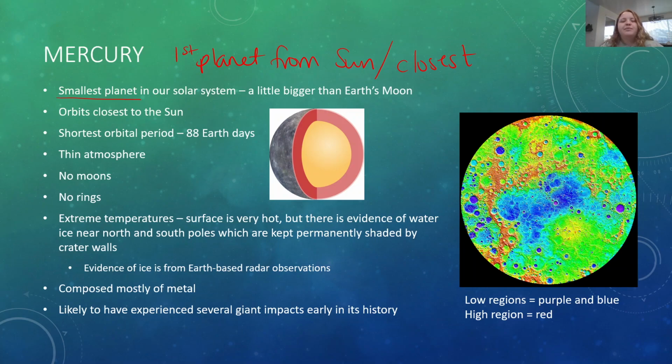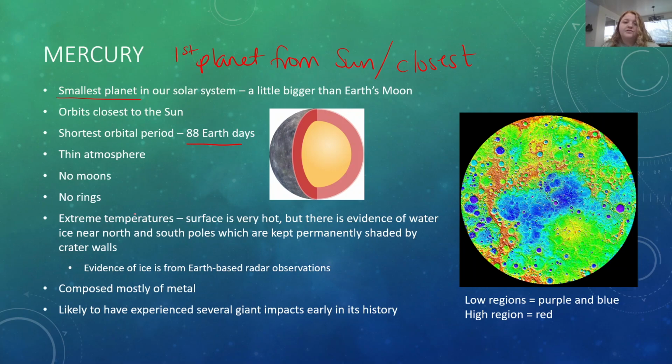It's just a little bigger than Earth's moon, so we compare the two a lot. It orbits closest to the sun, like I said. It has the shortest orbital period, and it's only 88 Earth days. So every, how many months would that be? Like 4-ish months? We'd go around once. That's pretty quick.